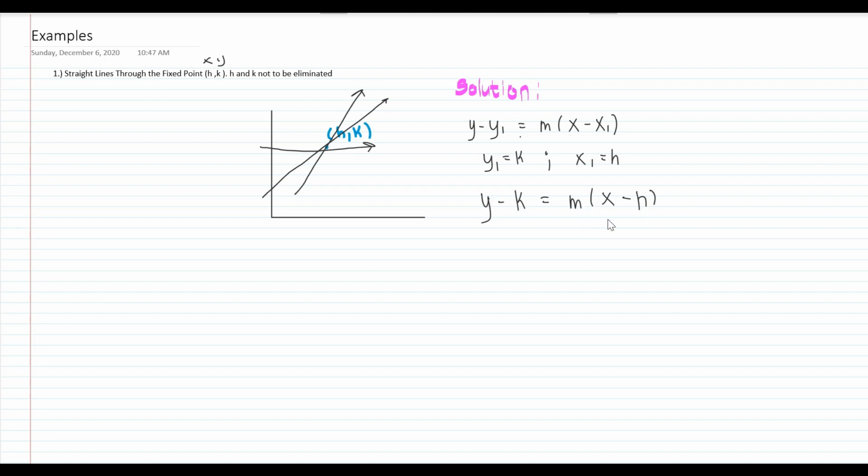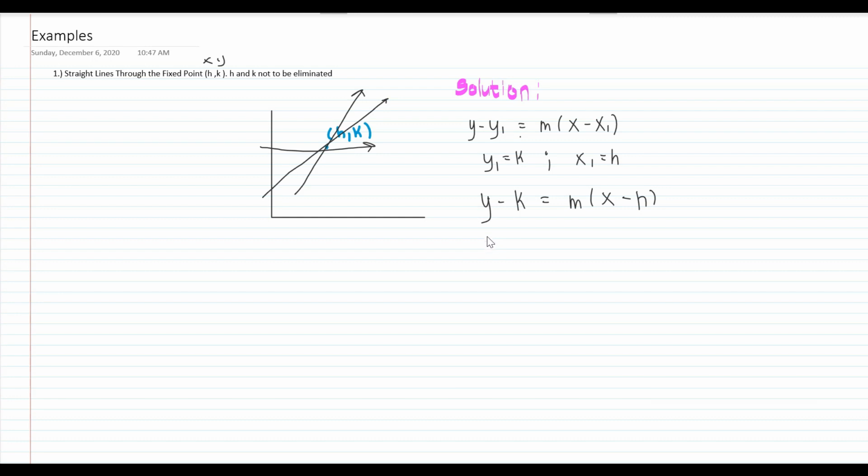But h and k are not to be eliminated, meaning the only arbitrary constant that we must consider in this particular equation is again m. So we only have a single arbitrary constant, therefore we derive the equation a single time.